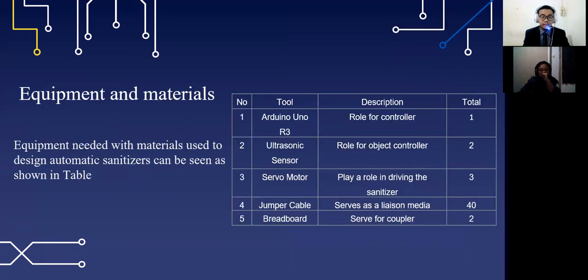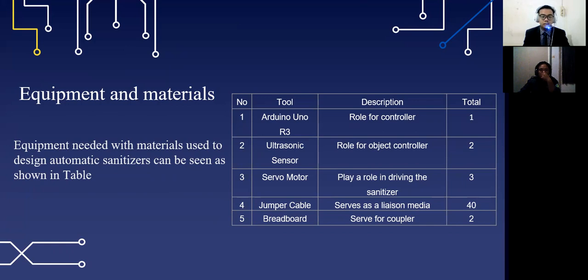for the equipment and material, the equipment and material used to design the automatic sanitizer can be seen as shown in the table. For the tools, we use first Arduino Uno R3, ultrasonic sensor, servo motor, jumper cable, and breadboard. The function of the Arduino Uno is as the controller. The ultrasonic sensor is for object detection.